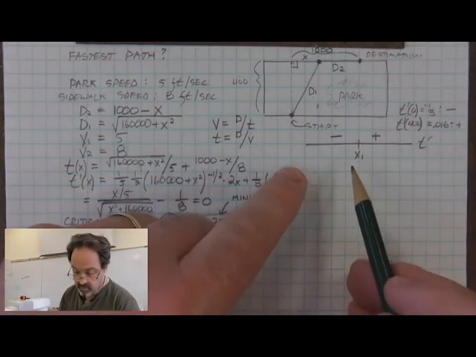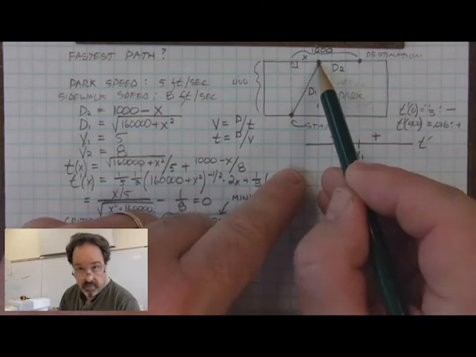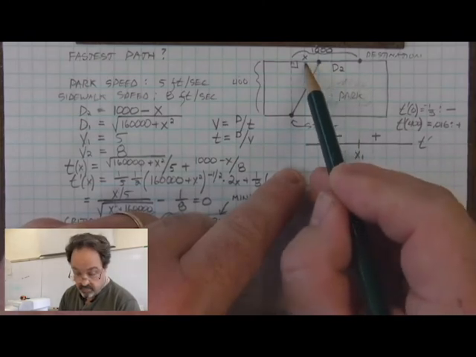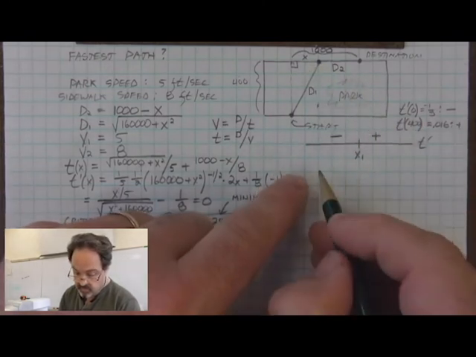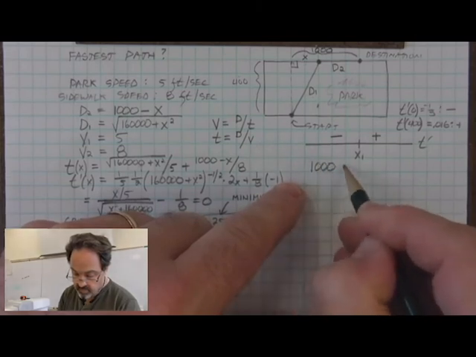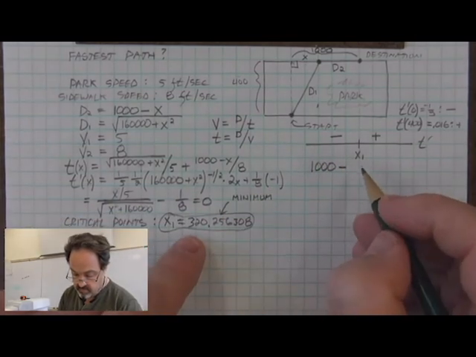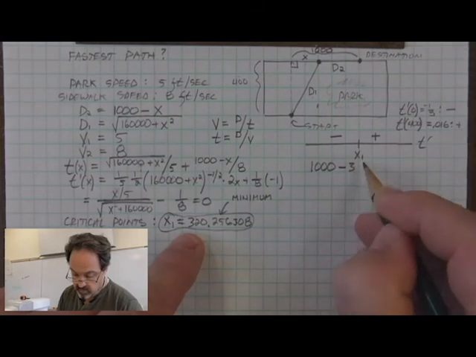So I need to find where this point is with x. It's going to be 1,000 minus the x value that we just determined would give a minimum time.